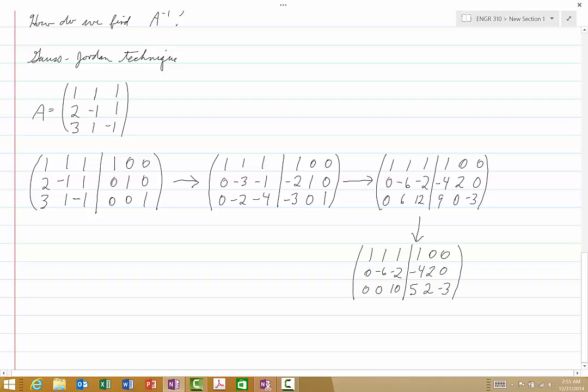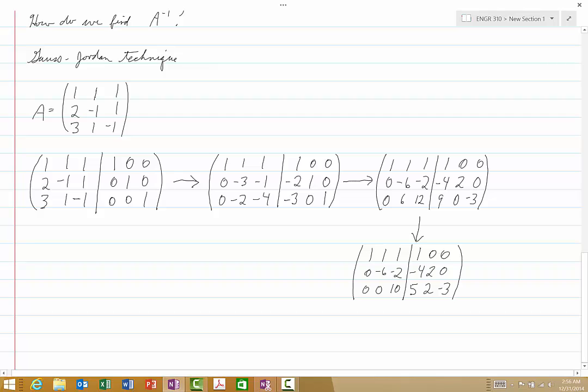So, for instance, you see here there are 3 terms above the main diagonal, the 1, 1, and negative 2 here, and we would like to eliminate those. And just as we usually start in the upper left-hand corner, now we start in the lower right-hand corner. We want to add multiples of this 10 up above, first to get rid of the negative 2, then to get rid of the 1, and then we'll add multiples of the second row to the first row to get rid of that remaining 1.